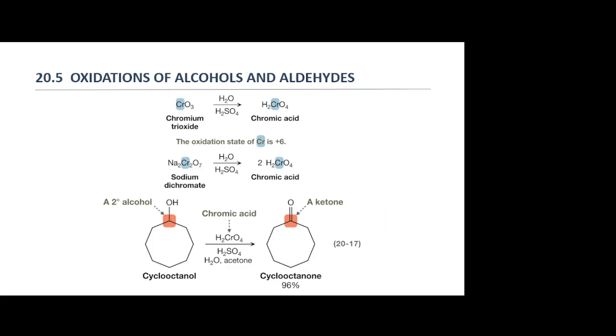This chromic acid oxidation is also commonly called a Jones oxidation, because the person that invented this was Sir Edward Jones, who only died in 2002, in case you're wondering. But yeah.